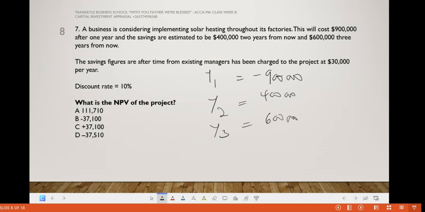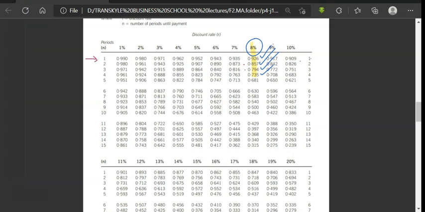So we are also given the information that the discount rate is 10%. So if we go to our tables, from our tables, this is the 10% we are talking about. That's for year 1, year 2, year 3.